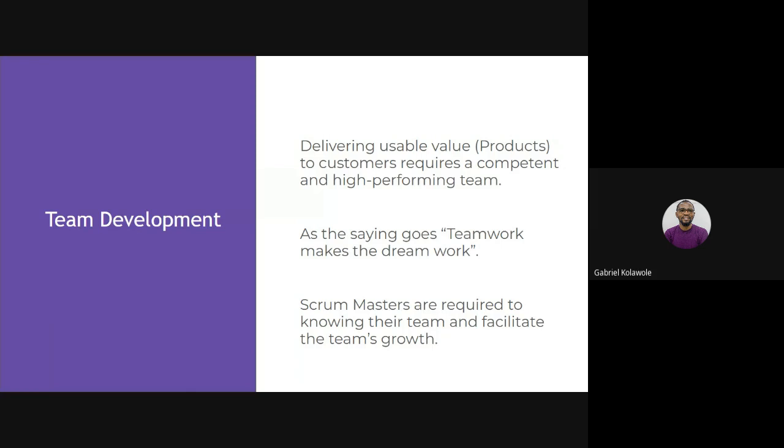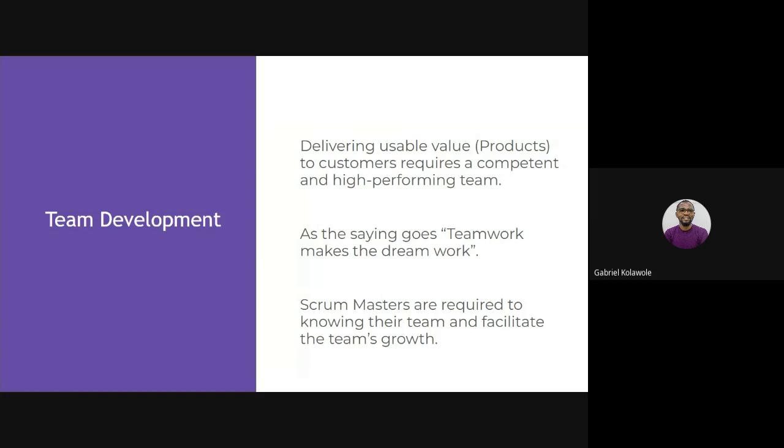So when we talk about the Scrum team, just like in project management we talk about the project team, the set of people that do the job, that carry out the project and ensure the project goal is achieved. Also, in a Scrum team, we have three major accountabilities. One of them is the Scrum Master. The Scrum Master is part of the team.